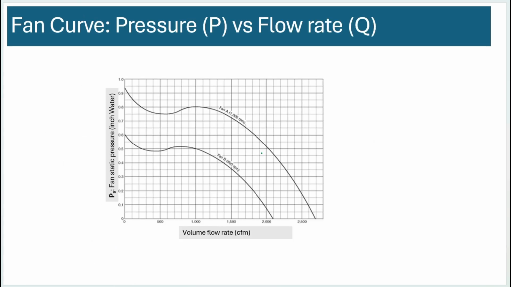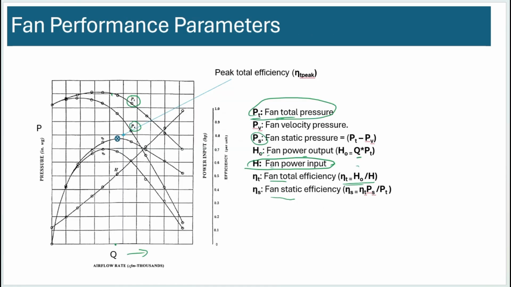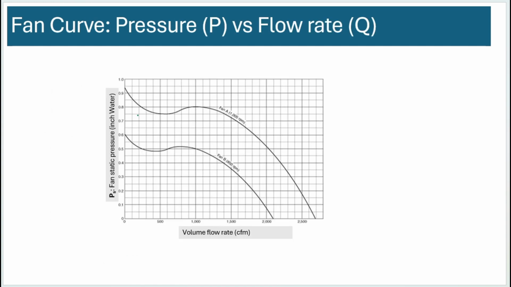All right. So here's an example of the pressure versus flow rate curve that the suppliers provide. Not all the time will they provide total pressure. They'll provide static pressure too. And the reason for that I will explain towards the end of the slides.